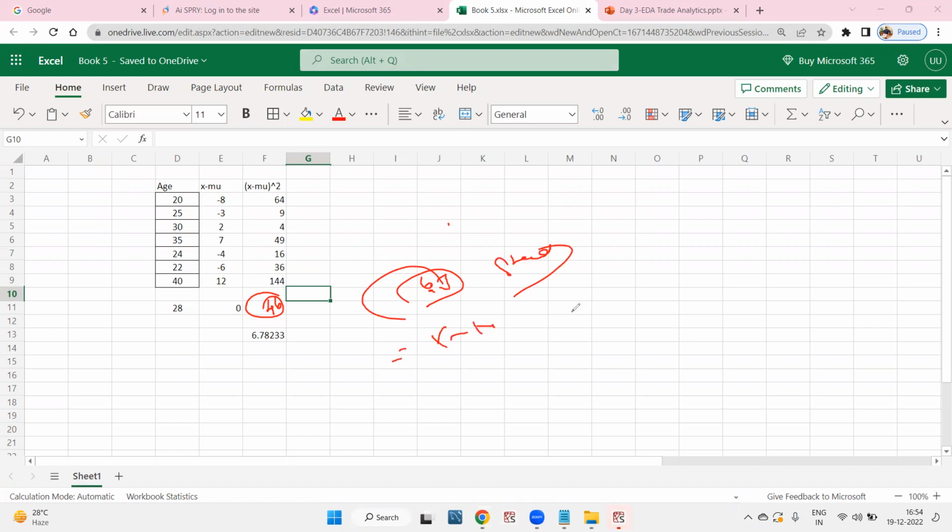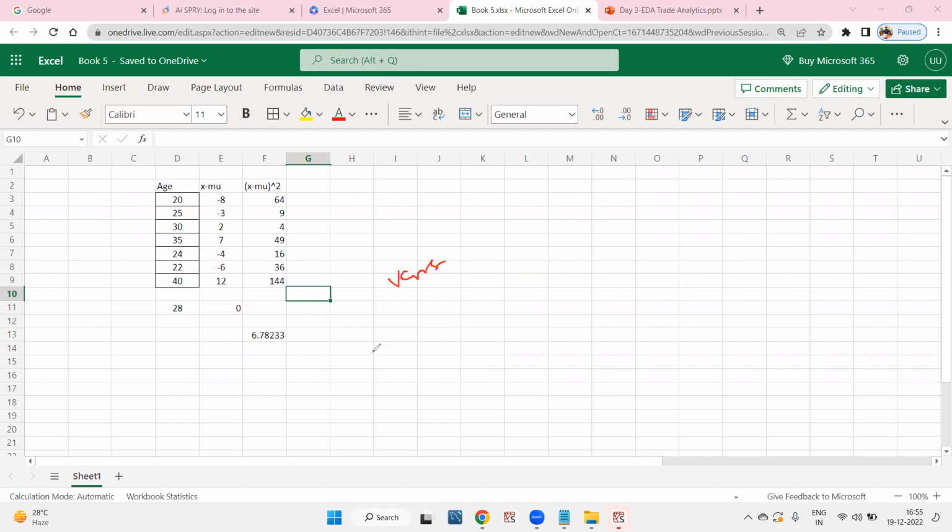The variance is sigma squared for population, and for sample you have s squared. So sigma squared equals summation of x minus mu whole squared divided by n, and for a sample n minus 1. So that is about the second moment: variance and standard deviation.